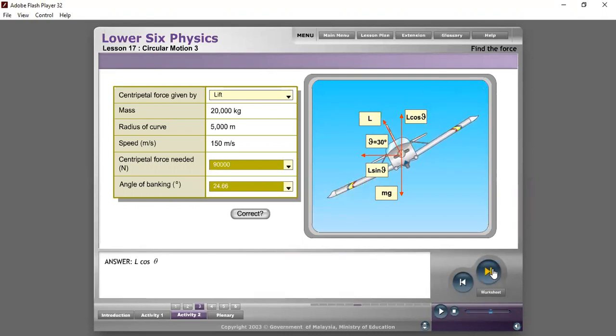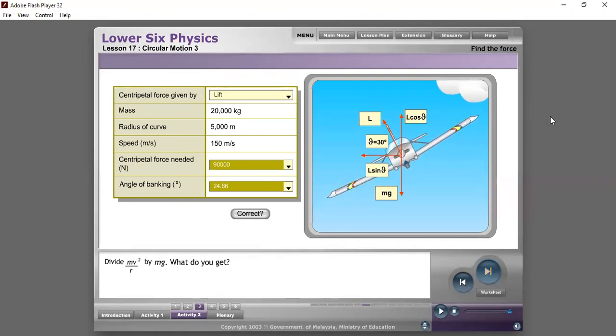Answer: L cos theta. mg is equal to L cos delta, right? So this will be L sin delta. Divide mv squared over r by mg. What do you get?